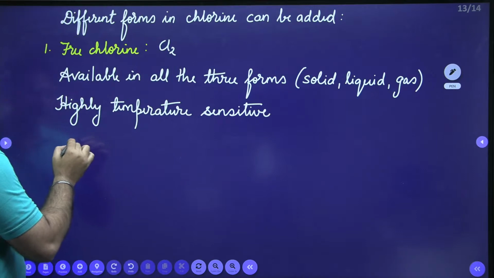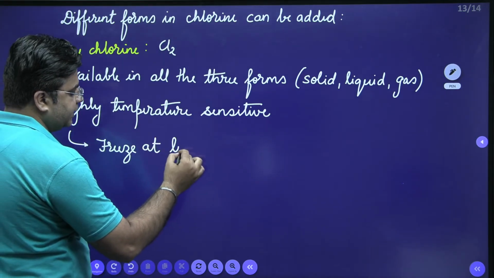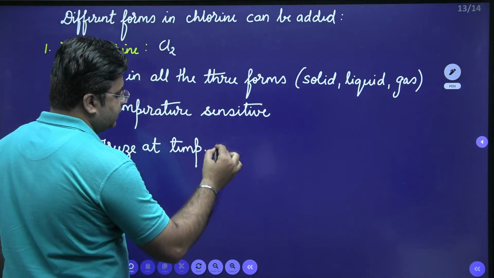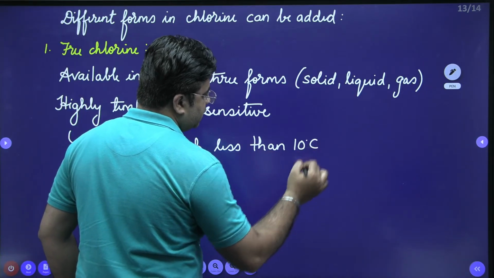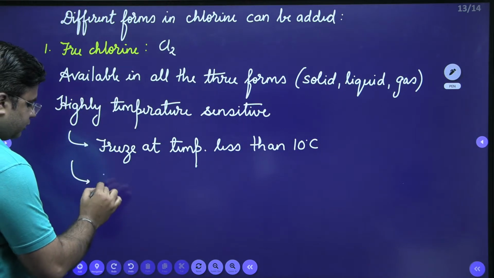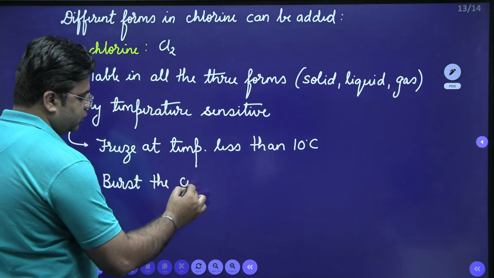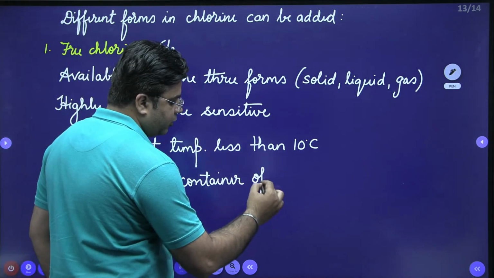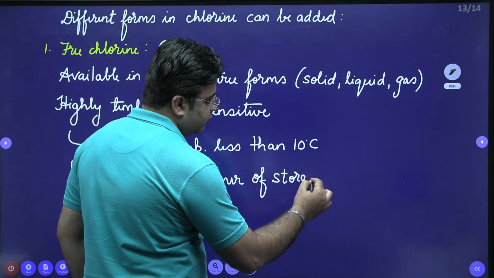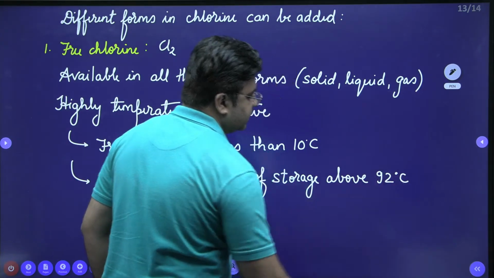Means they freeze at temperature below 10 degrees Celsius. They freeze at temperature less than 10 degrees Celsius, and they burst the container of storage above a temperature of 92 degrees Celsius.